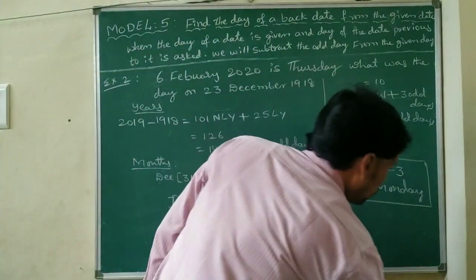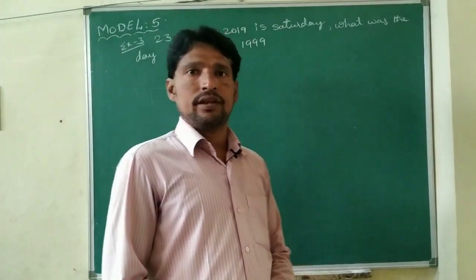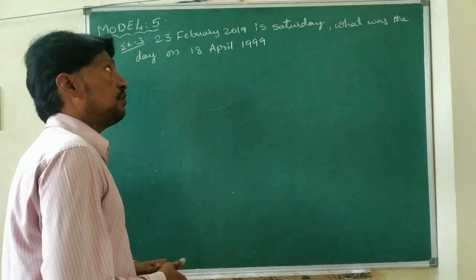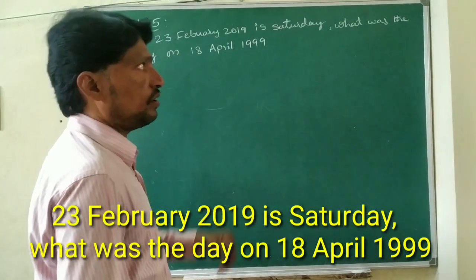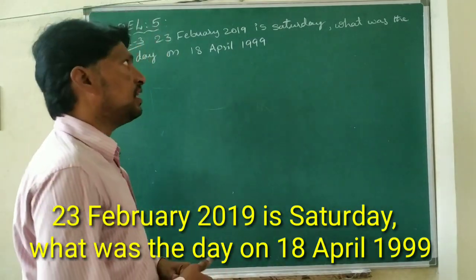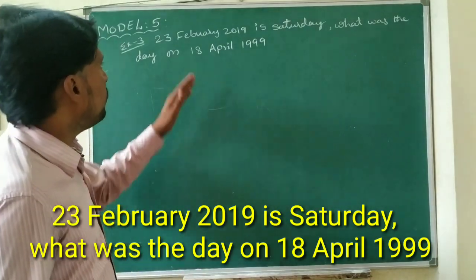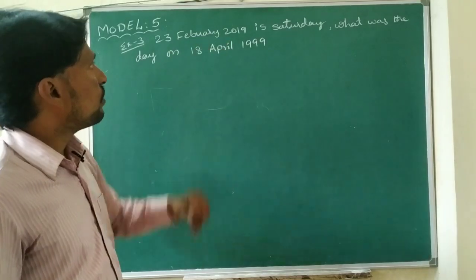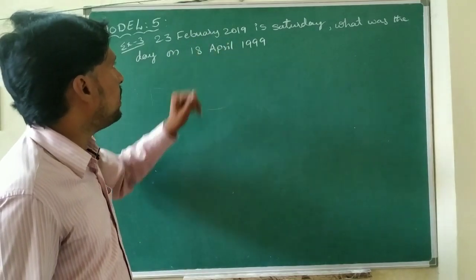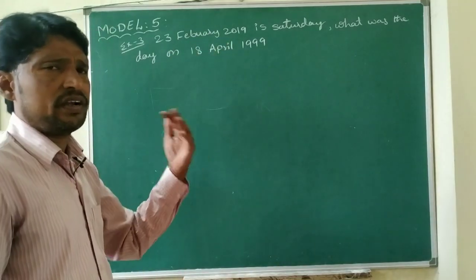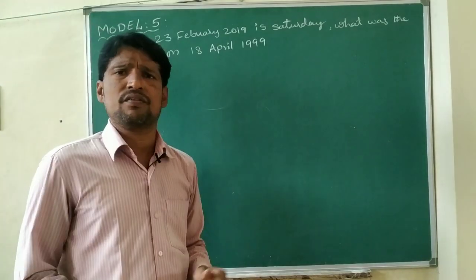One more example. Example number 3. 23rd February 2019 is Saturday. What was the day on 18th April 1999? So here just once you can see April month and here February month. All are different. Date, year, month, all are different.